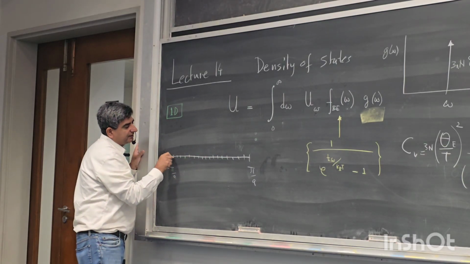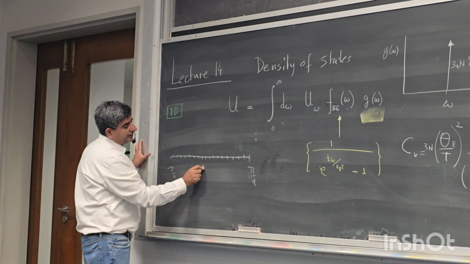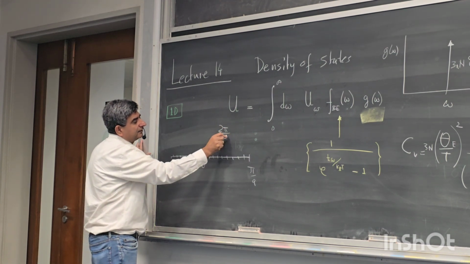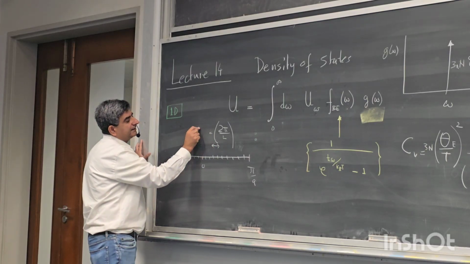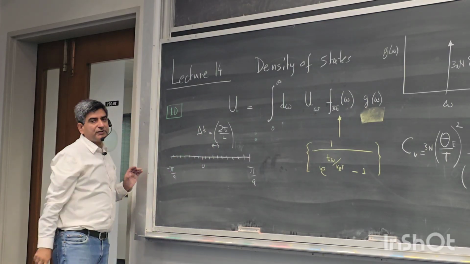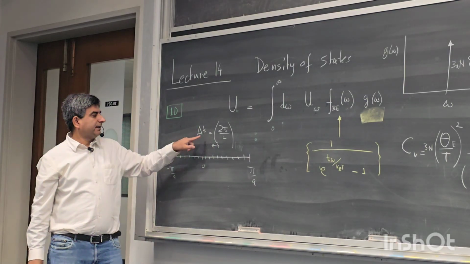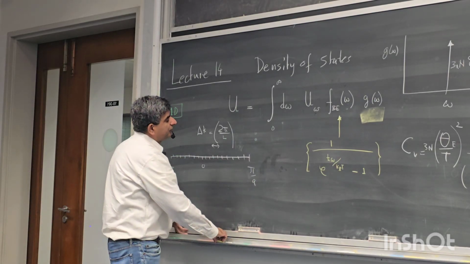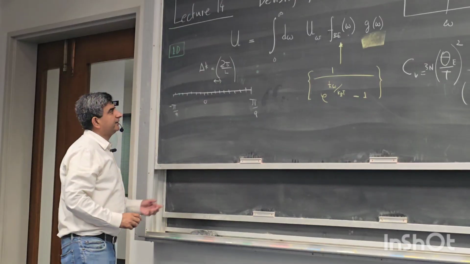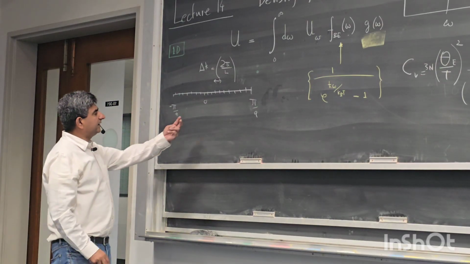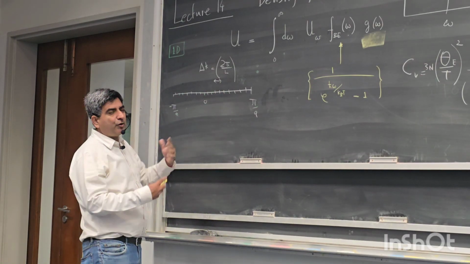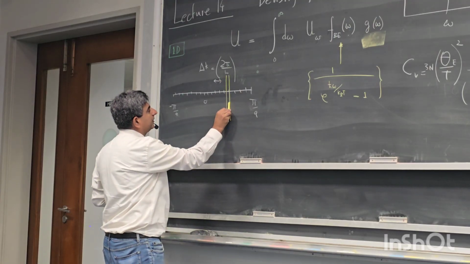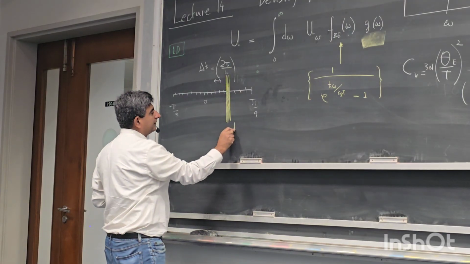So we have a discretization of k values, and the spacing between two levels is 2 pi over L. This is the spacing between two consecutive k levels, where L is the length of this chain. What we're interested in knowing is that if this is the spacing between two levels, how many levels exist in a particular dk?